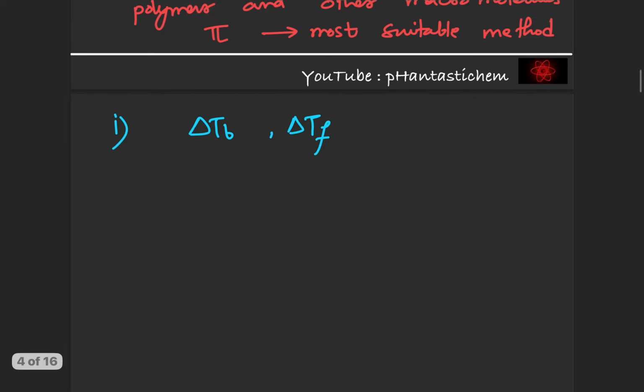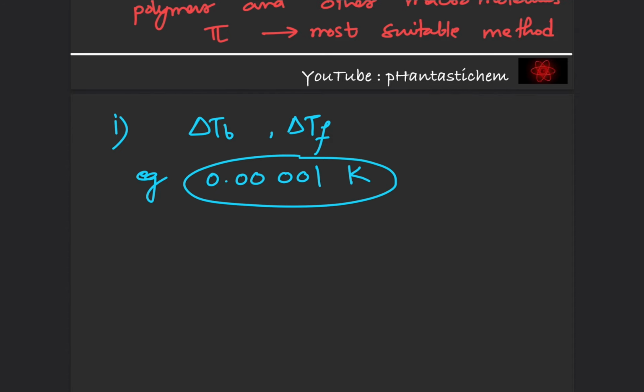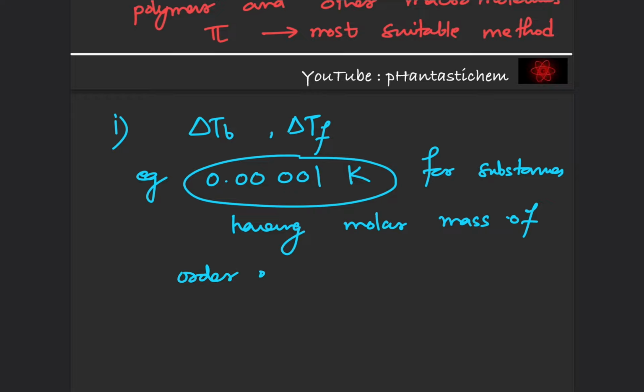For example, I'll give an example. 0.00001 Kelvin. So the value of delta Tb or delta Tf is this for substances having molar mass of order of 10 to the power 6 gram per mole.